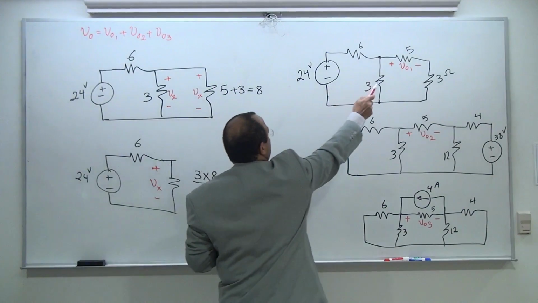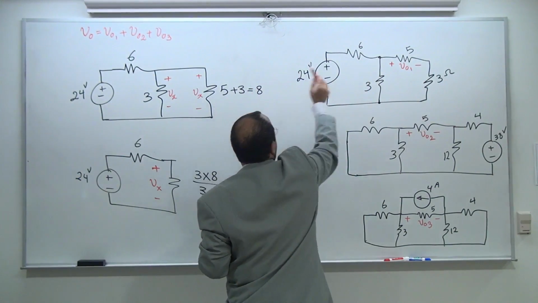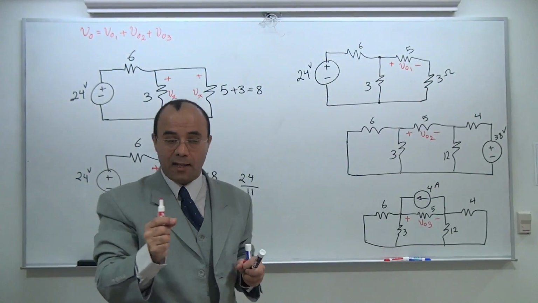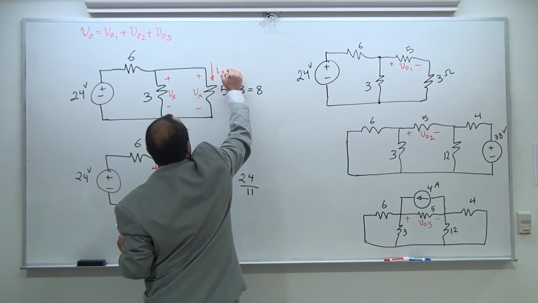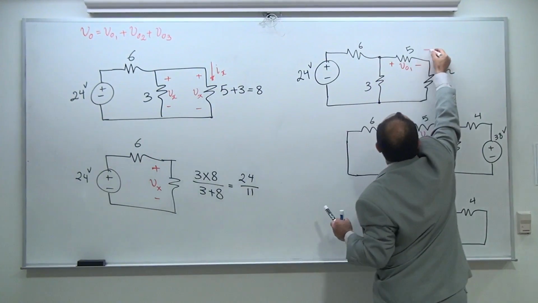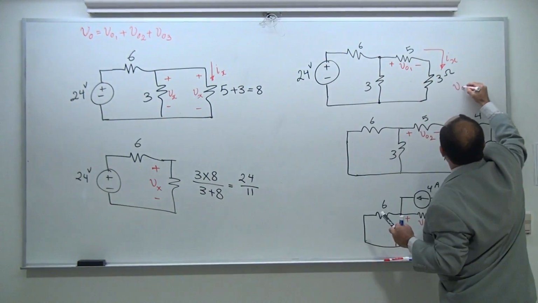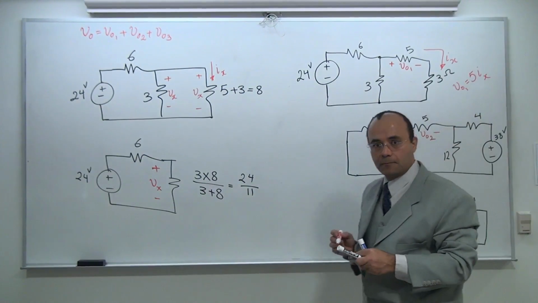I am coming from two series coming into this resistor. Because these are series, I remember that the current in series are the same. So I need to find this current that I'm going to call Ix, and I'm going to have this as my Ix. Why? Because VO1 is equal to 5Ix.